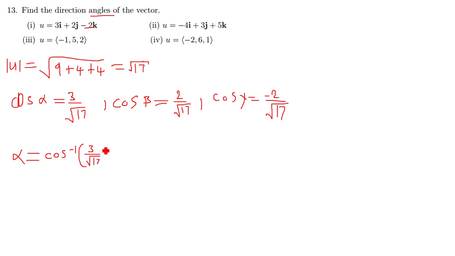If this is not a special angle, you can just leave it like that. But if they are special angles, you go further to solve and find the actual angle. The same applies to the second part: beta is equal to cos inverse of 2 over the root of 17.